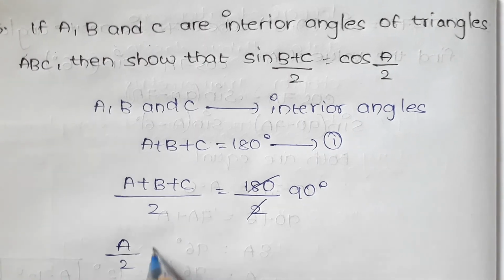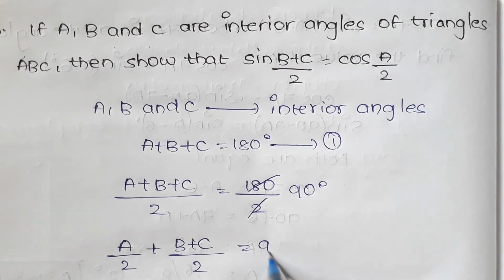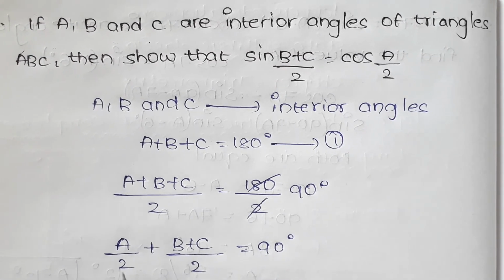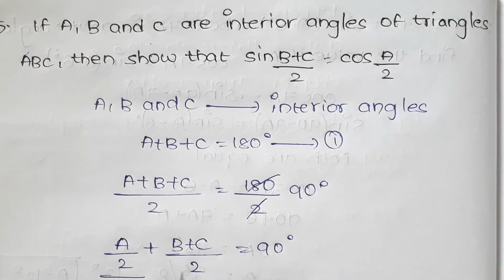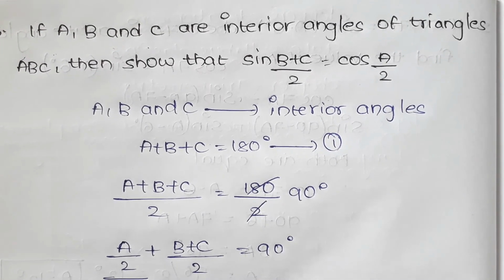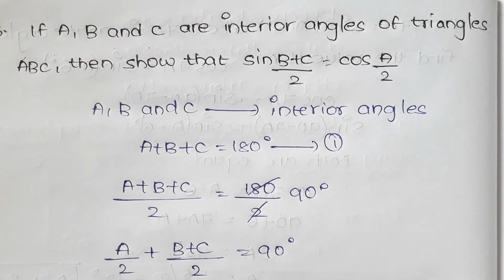So A by 2 plus (B plus C) by 2 equals 90 degrees. Now A by 2 taken to the RHS side, (B plus C) by 2 equals 90 minus A by 2.